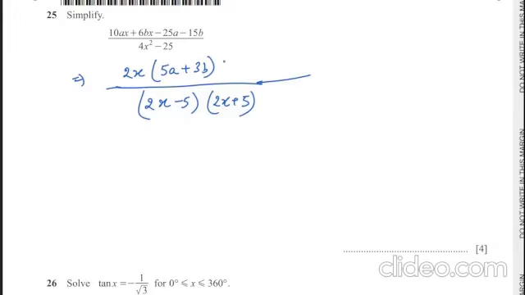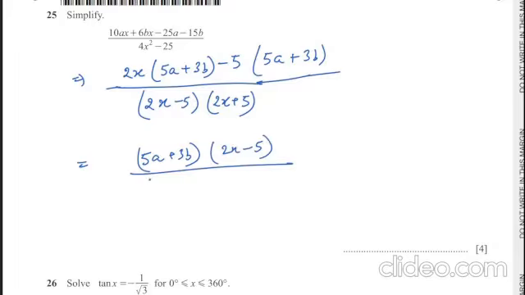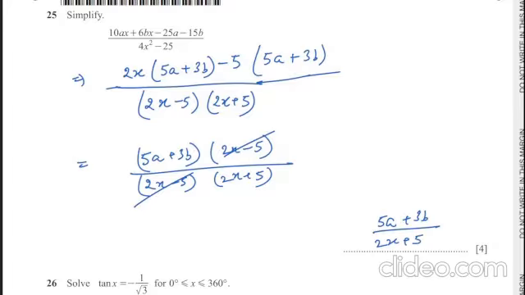In the second two terms we can take common minus 5, and we will be left with 5a plus 3b again. In the numerator, taking 5a plus 3b common, we will get 2x minus 5 divided by 2x minus 5 times 2x plus 5. 2x minus 5 and minus 5 cancel each other. So the answer will be 5a plus 3b over 2x plus 5.